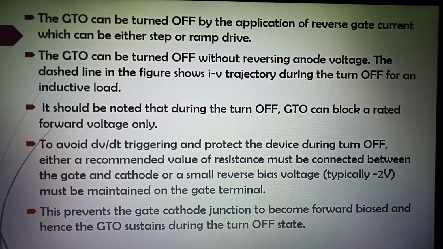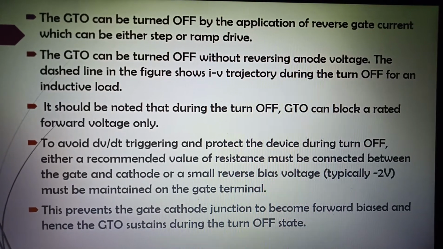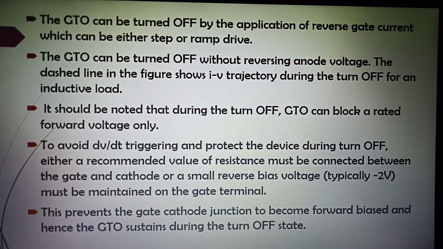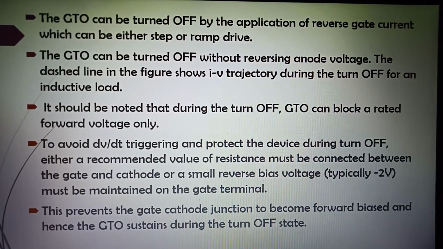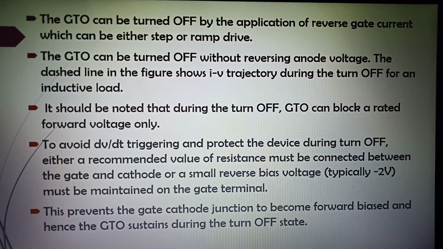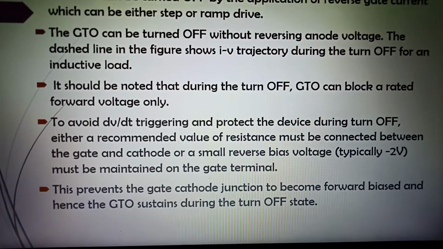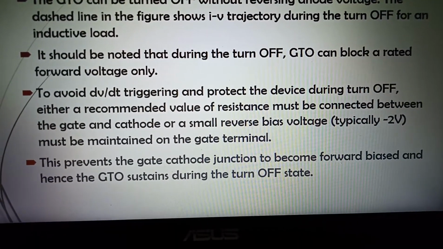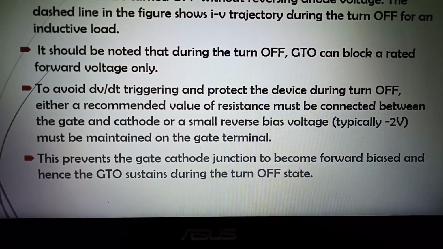To avoid dV/dt triggering and protect the device during turn-off, either a recommended value of resistance must be connected between the gate and cathode, or a small reverse bias voltage, typically -2 volts, must be maintained on the gate terminal. This prevents the gate-cathode junction from becoming forward biased, and hence the GTO is sustained in the off state.